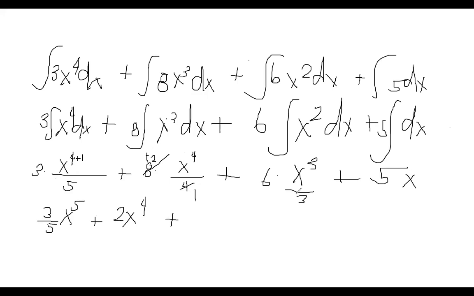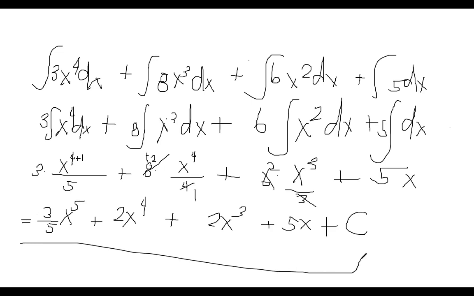Plus, again, it can be simplified further: 6 over 3 is 2, so 2x to the power of 3, plus 5x. And here we should not forget the plus c. So that's it for the answer of that long function.